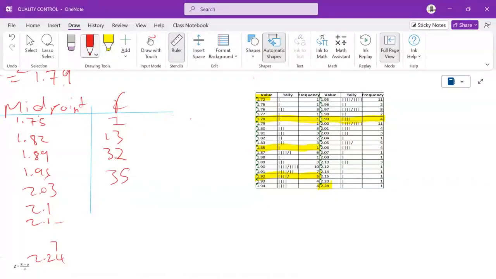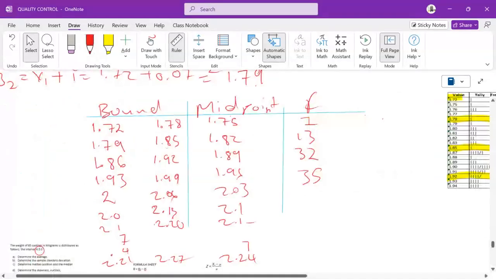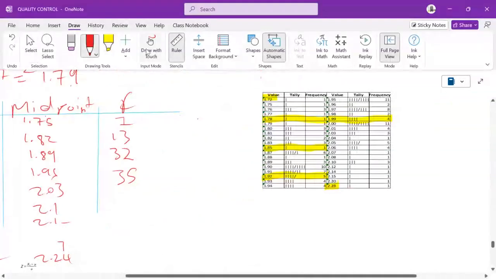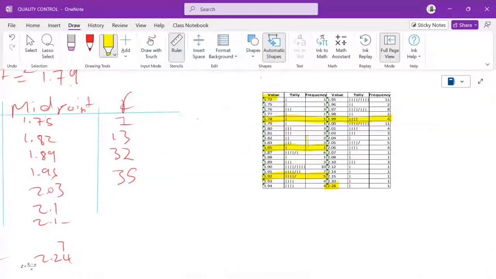Then from there we have 206, which is 11 plus 4 plus 3 plus 1 plus 5 plus 4, which is 28.